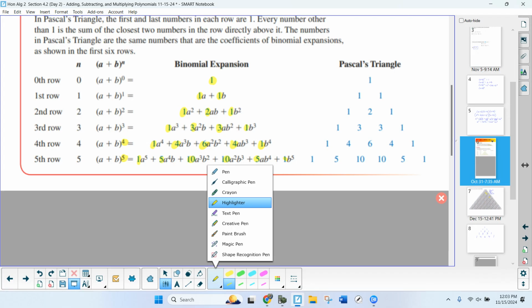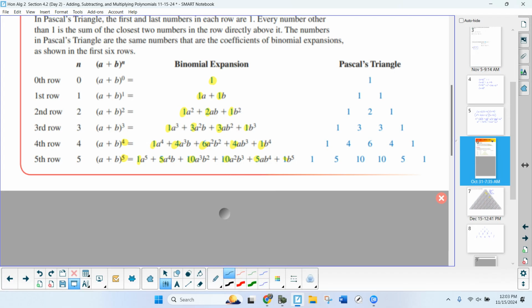So what would the 6th one be? Let's think about this once. Okay, go to the 6th row. What would this be? 6, 15, 20, 15. So, raising this to the 6th power, a plus b to the 6th, my coefficient would be 1.